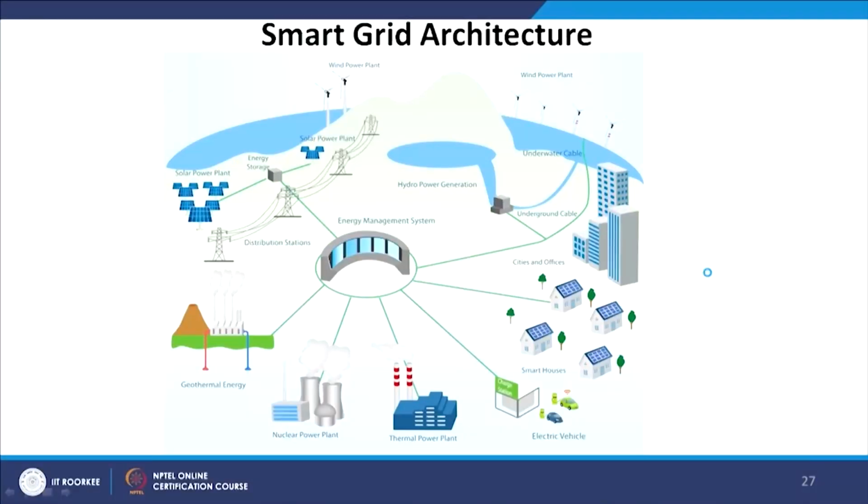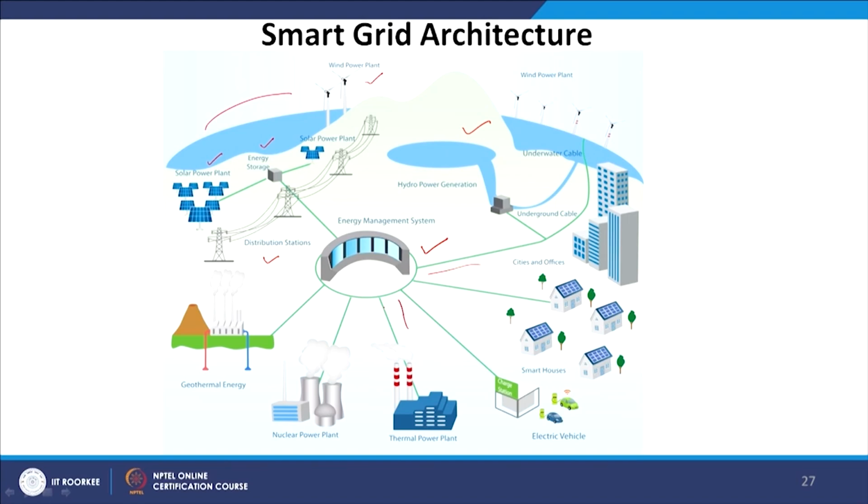Now finally, let us have a look at the smart grid architecture. In the smart grid architecture we will have the main energy management system. We can see the distribution stations taking power from solar, energy storage, and also the wind power plant. They all constitute renewable energy sources, and then we can see hydropower generation, and through underground cable they can be interconnected to the same energy management system.